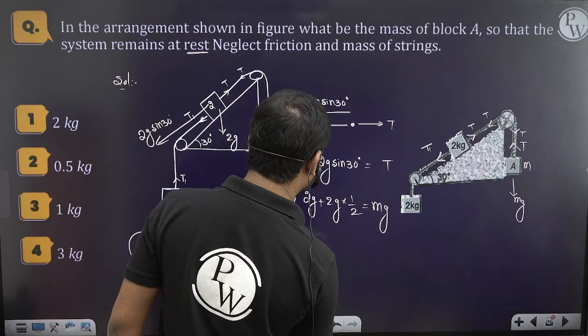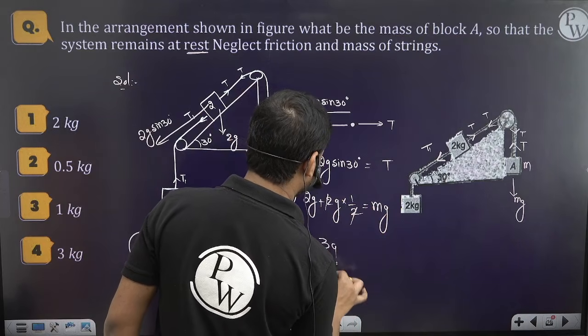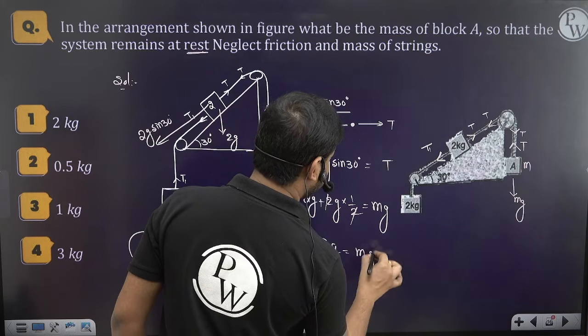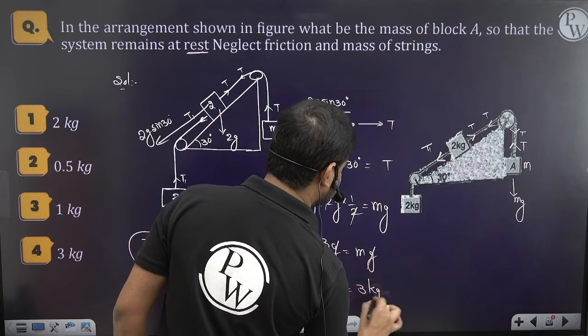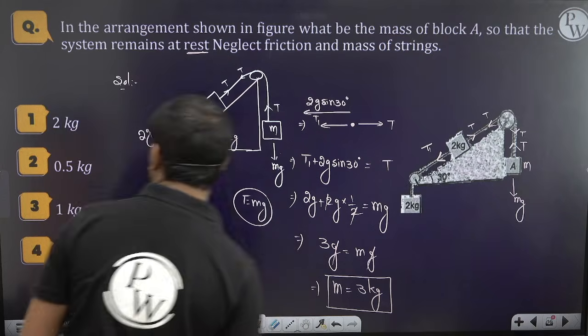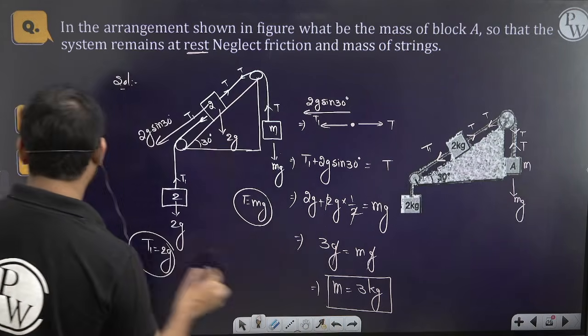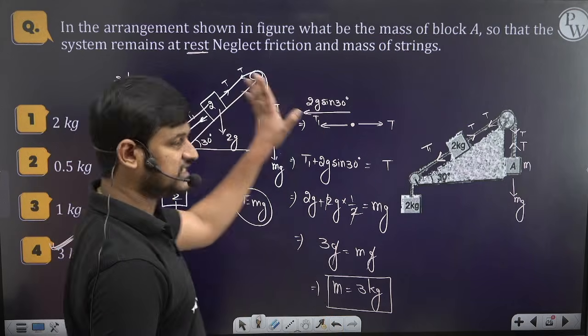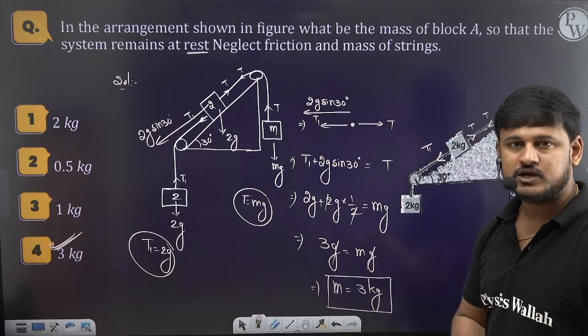Now we need this m. So 2g plus g, which is 3g, is equal to mg. Here g cancels, so m should be 3 kg. So the mass of block A should be equal to 3 kg, option 4, so that the whole system will remain at rest or equilibrium. Understood? Clear this point, everyone?